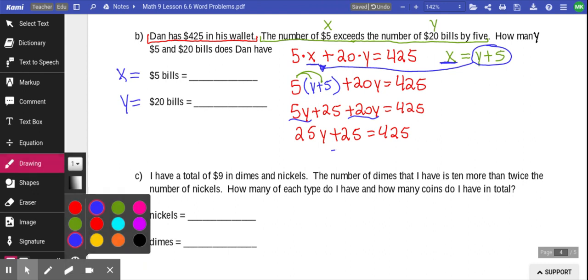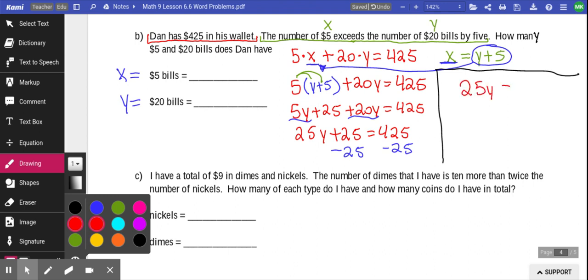I'm going to subtract the 25 over. When I subtract the 25 over, I'm going to rework over here, like reorganize. That gives me 25y equals 400. And then I divide both sides by 25.